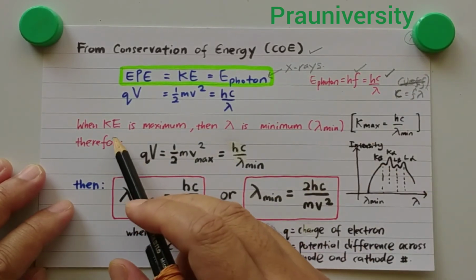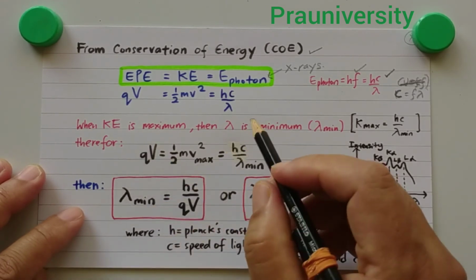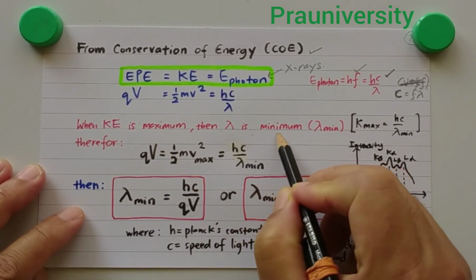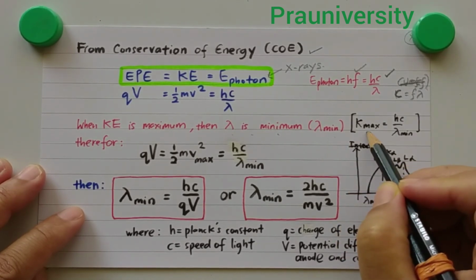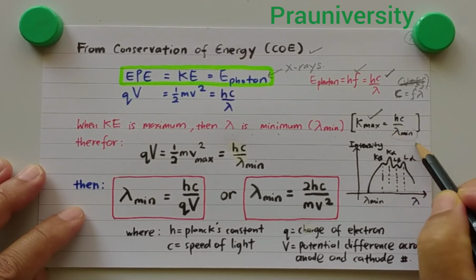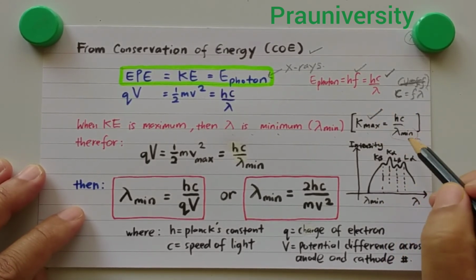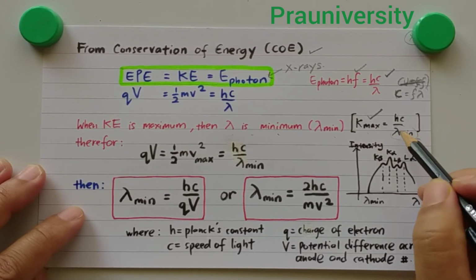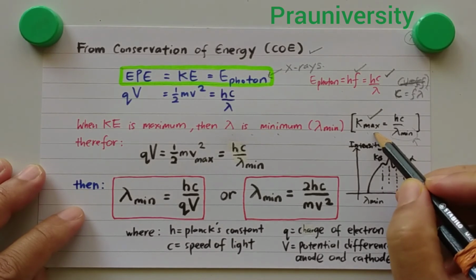So when the kinetic energy is maximum, then the lambda is minimum. Lambda minimum. So when the kinetic energy is maximum, the lambda is minimum, because according to this equation, wavelength lambda is inversely proportional to the maximum kinetic energy.